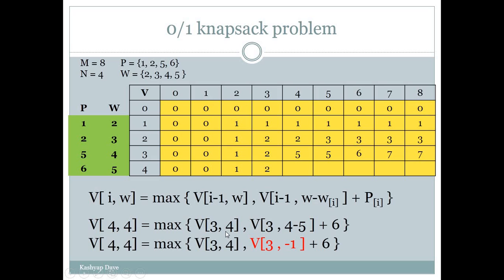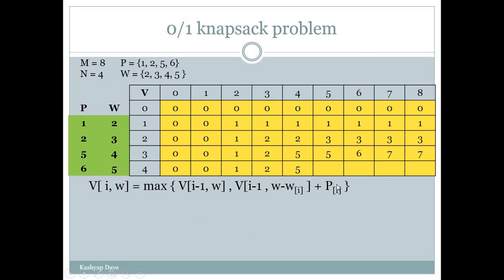So in this case again in this table the 3 minus 1 position is not available, so we cannot consider this thing. Again we will consider this thing, so at the place 3 4 our value is 5, so in this place we will put our 5.